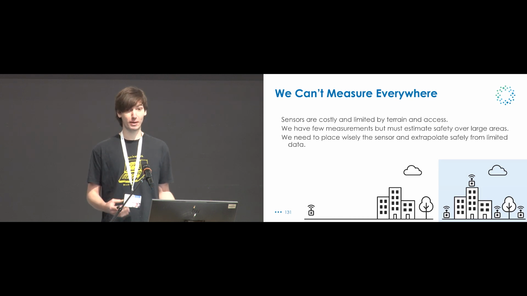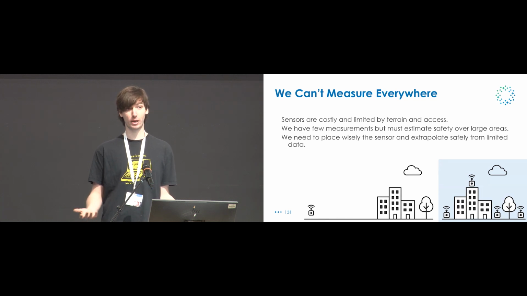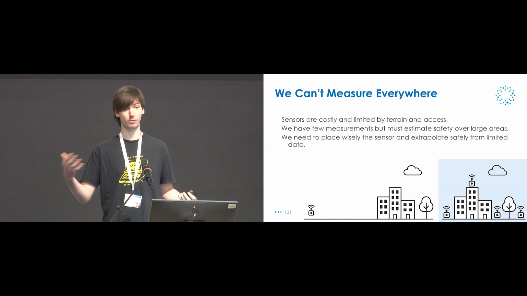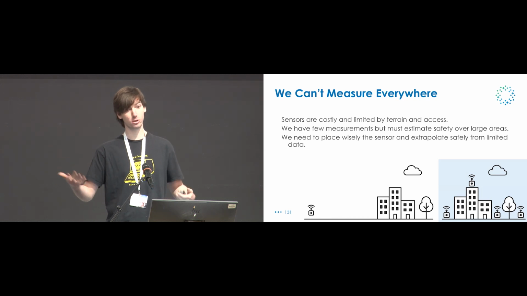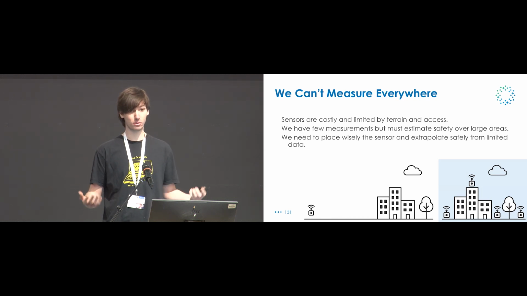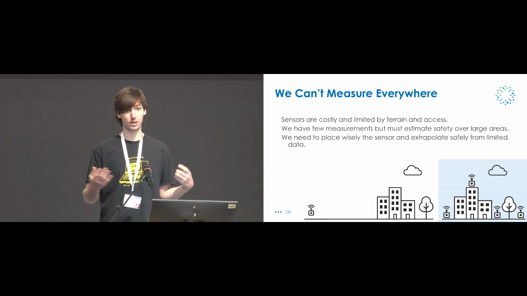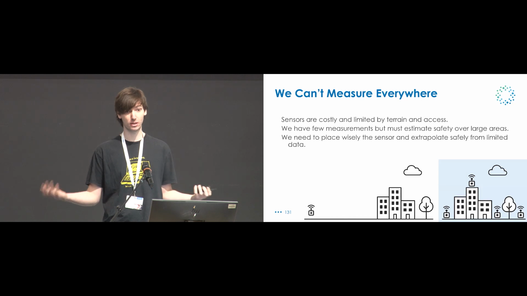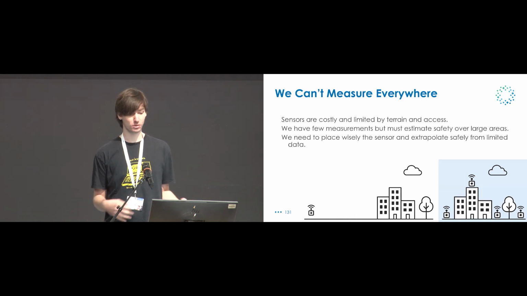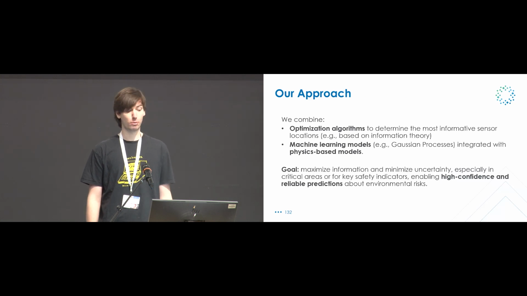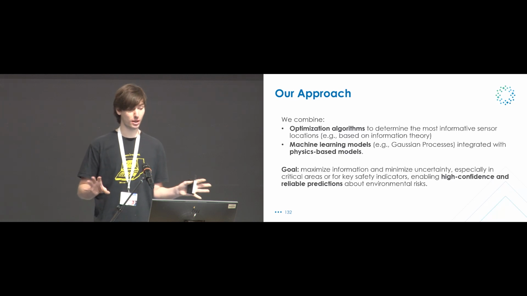Because if we place them completely at random, then the measurements that we get are not good, and so the estimation that we do at the places where we didn't place a sensor will also not be good. So we have a lot of trade-offs across a lot of space, and so we need to reconcile all of these points.